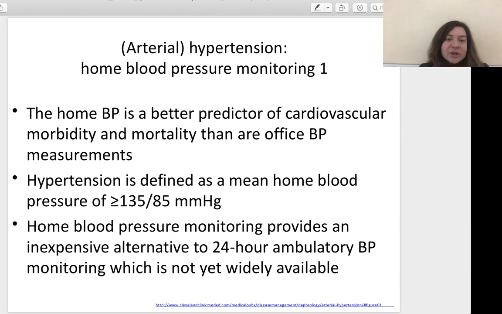Home blood pressure is a better predictor of cardiovascular morbidity and mortality than office blood pressure measurements. Hypertension is defined as a mean home blood pressure of more than 135/85 millimeters of mercury. Home blood pressure monitoring provides an inexpensive alternative to 24-hour ambulatory blood pressure monitoring, which is not yet widely available.